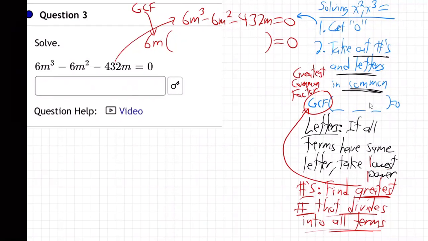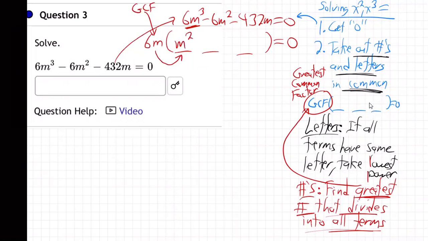We good there? All right, so what goes on the inside now? Whatever works. What do I mean works? Whatever multiplies. Because what we're doing right now is called factoring, and it's the reverse of multiplying. You just ask what would multiply correctly. In other words, 6m times what would go back to 6m to the third? What would work? Well, m squared.